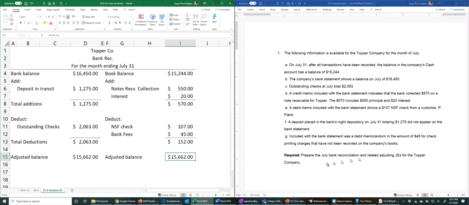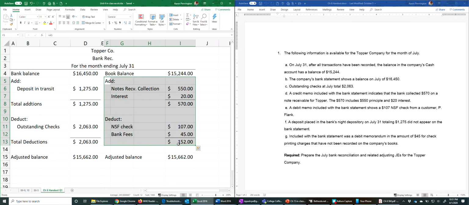It also asked for the related AJEs. When you do the bank reconciliation, everything that shows up as an adjustment to the book balance is an unrecorded transaction, which we now know about and therefore need to record.